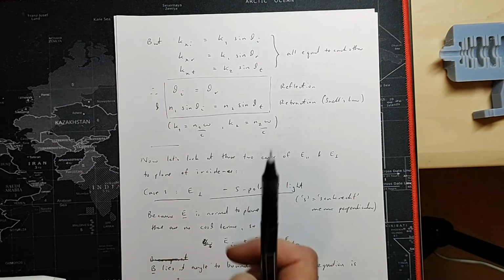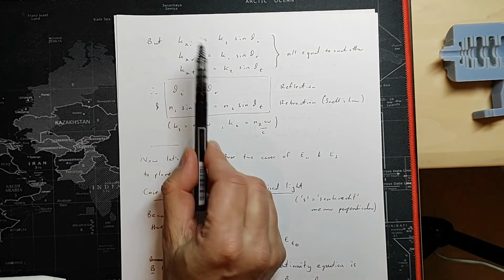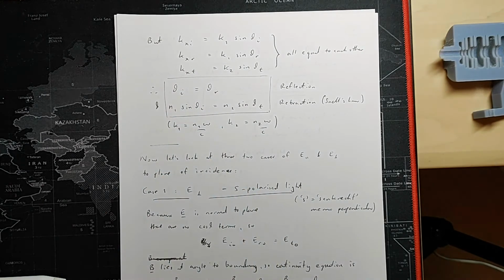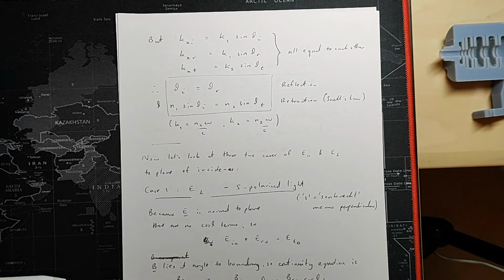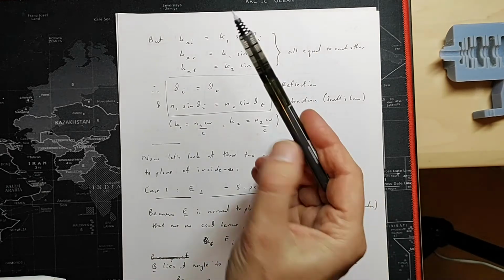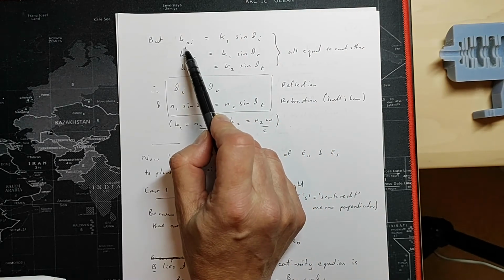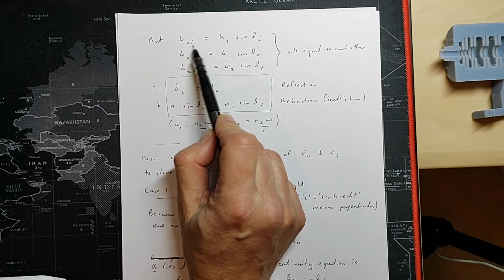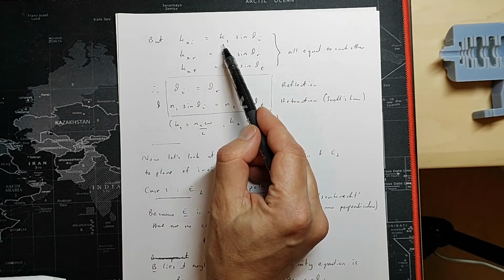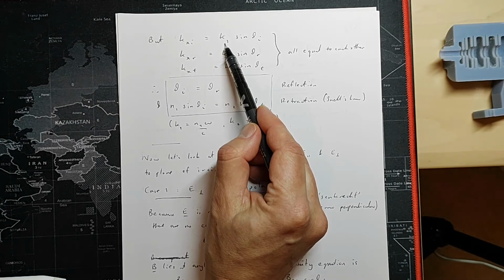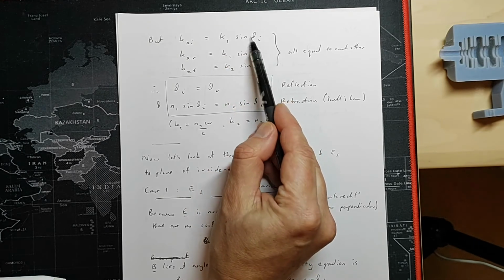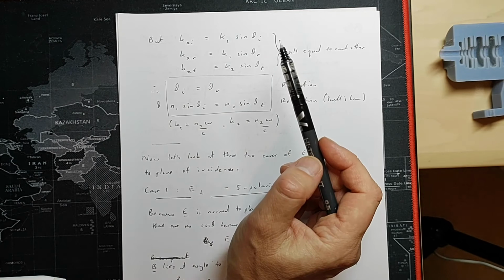So we know that KXI, KXR, and KXT are all equal to each other at the boundary, but we also know that the magnitude of K in the x direction must be equal to whatever the wave number is in medium 1 times the sine of the angle of incidence.